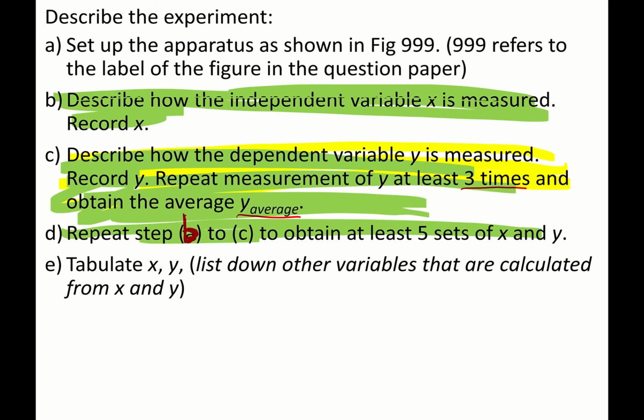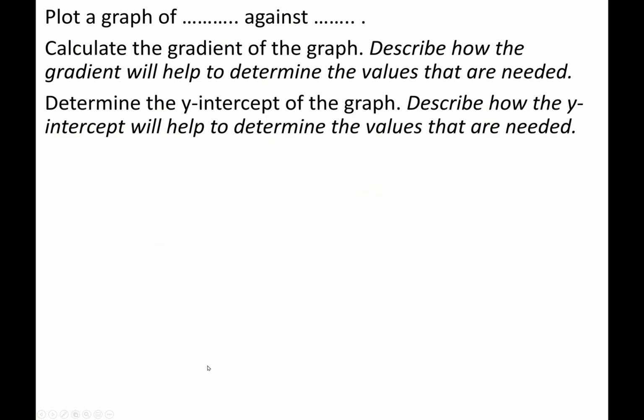You can state how X can be increased to give you the values. And then recall, you have to tabulate x, y, and list out other variables that are calculated from x and y. And finally, plot a graph of Y against X. Now, this Y against X doesn't mean one is dependent, the other one is independent.